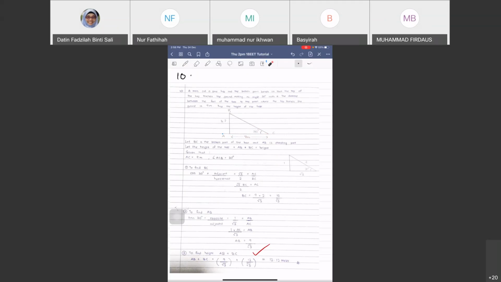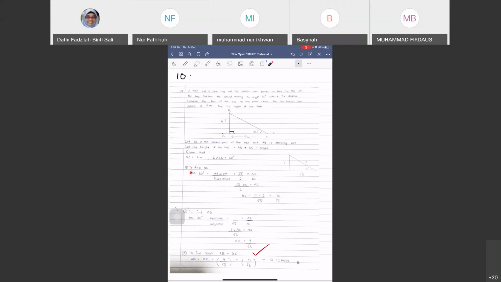So this is 9 meters. So you have 9 meters here, you have angle 30 here. So you want to find AB, you have to find length BC, then you just add up. This is also just simple trigonometric ratios. Because this is a right angle triangle, you can just use a simple trigonometric ratio. So you just need to find one by one.